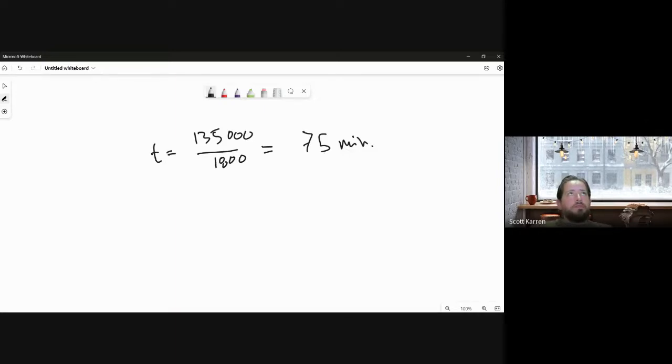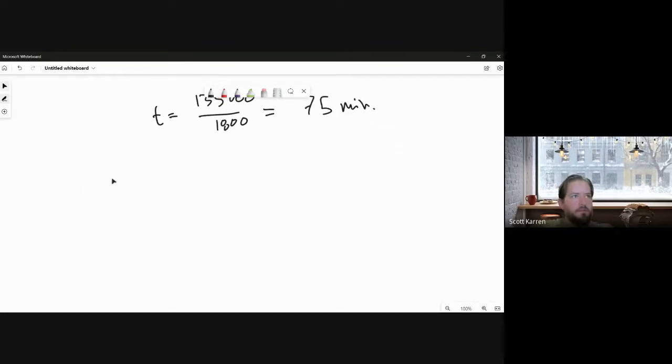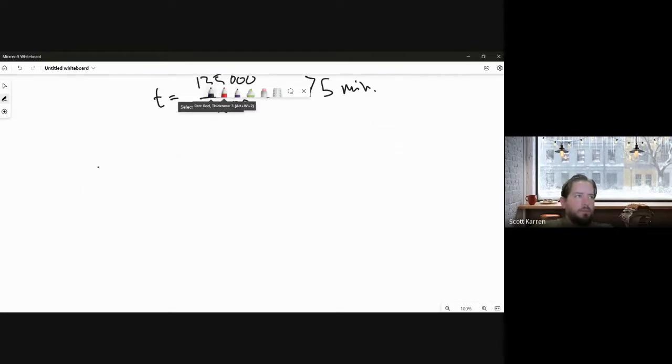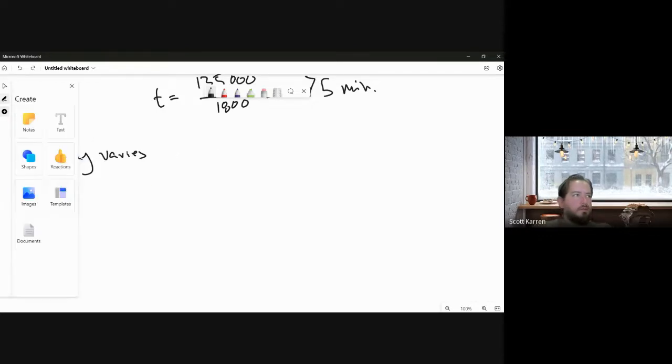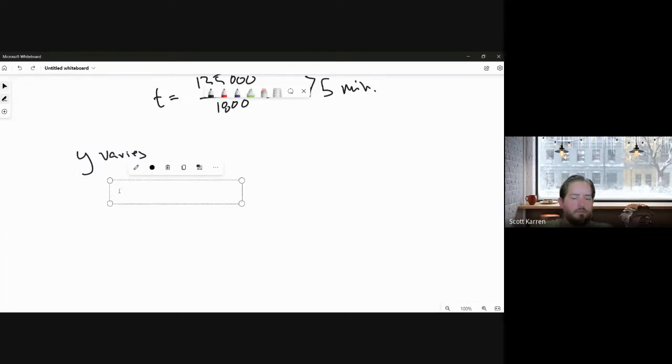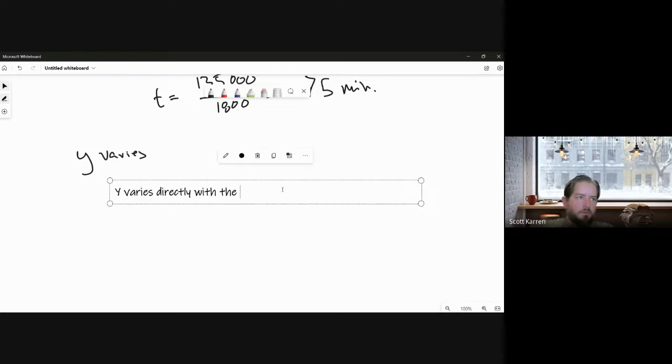Now, there's a couple of other ones that we would want to consider, and you might see them written like this. Let's say y varies directly with the square of x.